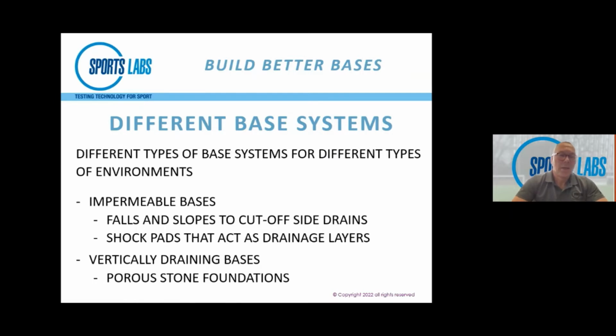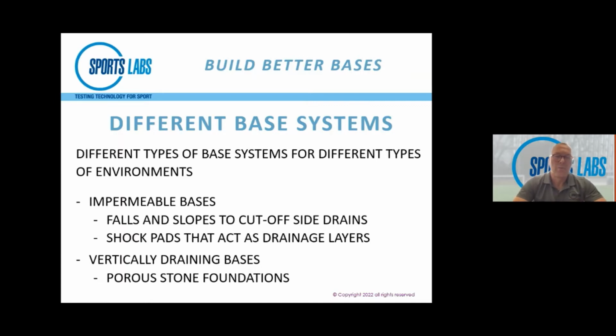So as I said earlier on, there's different types of bases, and we've just grouped them into two types for this presentation. Depending on where you are, your geography, and what soil types you've got, there are a group of bases which are impermeable. So you're looking at designing a fall or slopes that allow the field to drain to the sides, to be collected in cut-off drains around the perimeter.